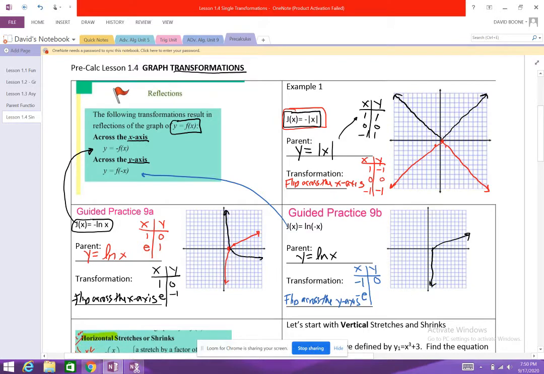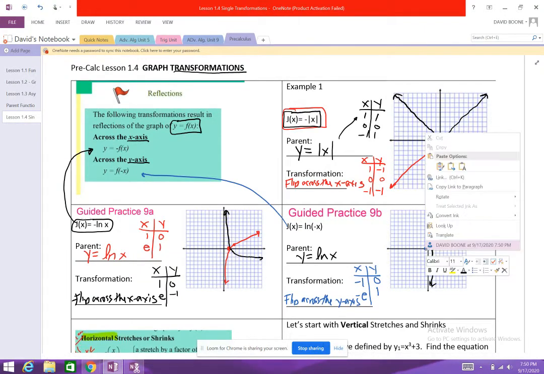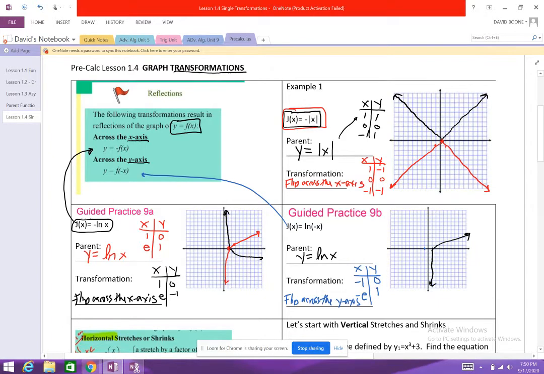Negative e would be positive e, natural log of e is 1. So if we look at these values, x equals negative 1, 0, that's over here. And negative e is about negative 2.7, and then go to 1, be right here. And that's where this graph will do that, which is a flip across the y-axis.